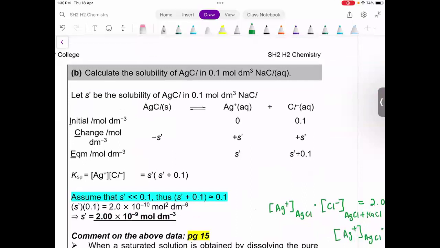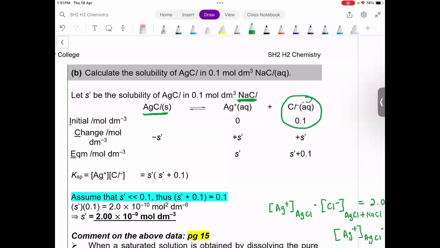Let's zoom in on the initial part again. You are trying to calculate the solubility of silver chloride in sodium chloride solution. So appreciate that before your silver chloride starts to dissolve, there's already chloride from sodium chloride. So there are other sources of chloride present in this mixture. That's why you have 0.1 there.